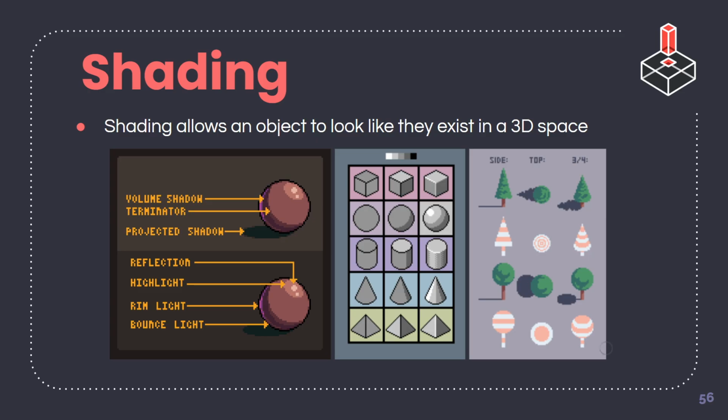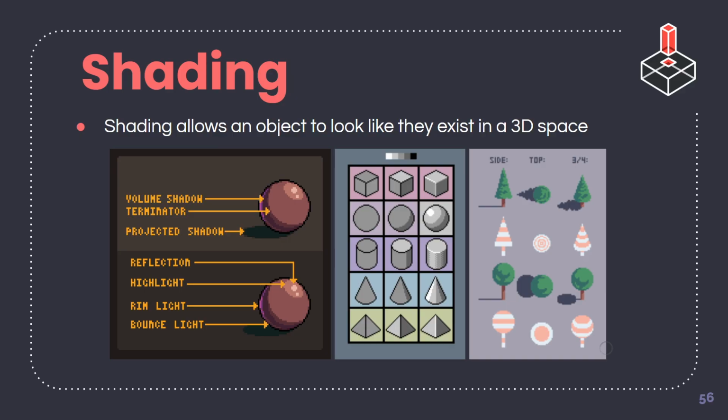Outlines, by your choice, can also interact with the lighting, just like the selout technique, where we use the lighter shades of the bright side of the colors to outline the highlights, and then we use black or the darker version of the shadow colors to outline the shadows.